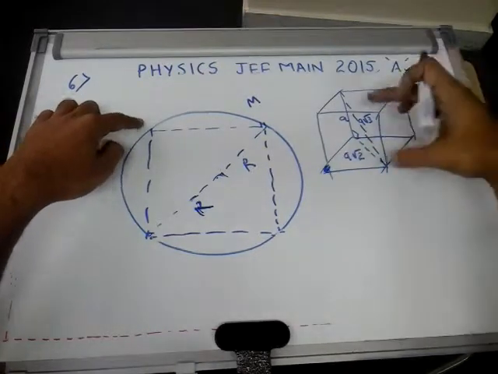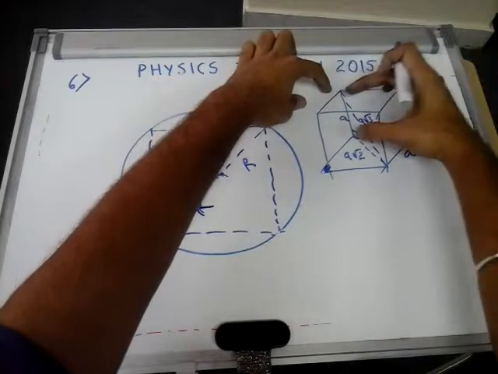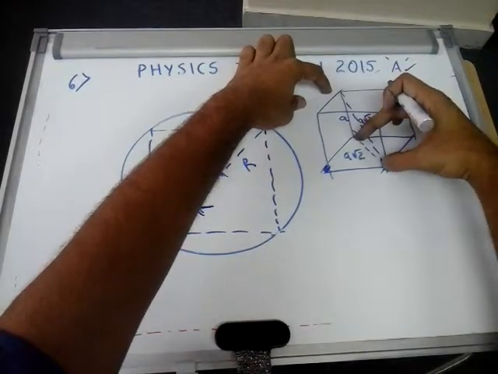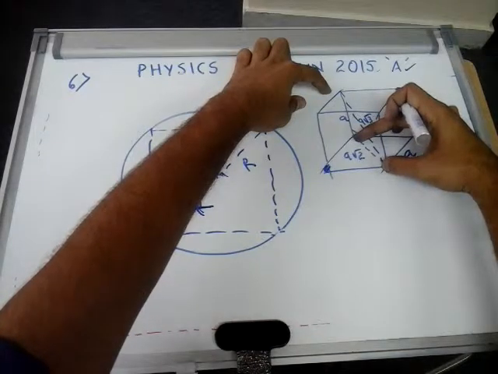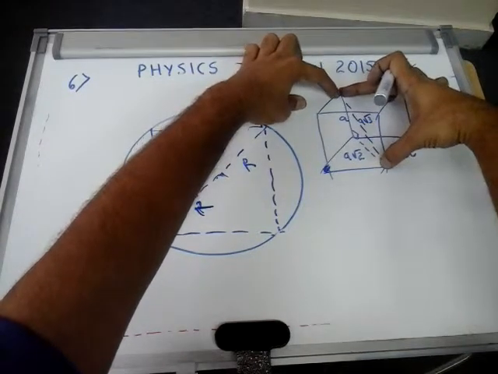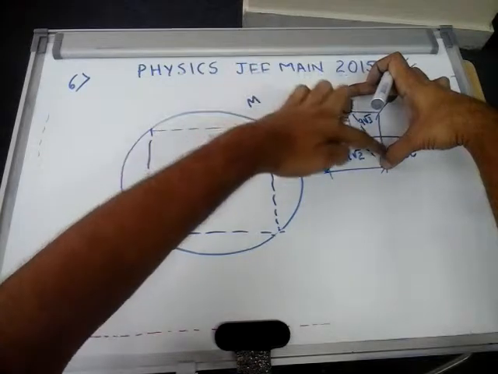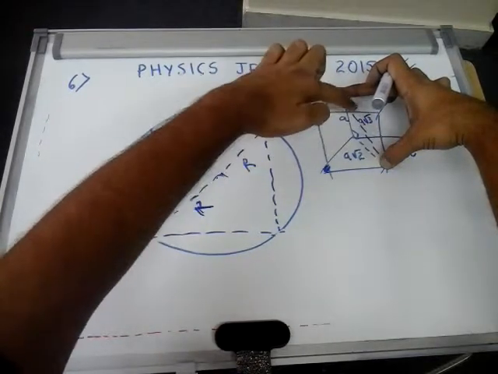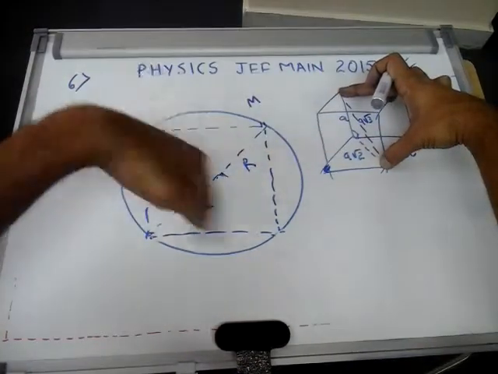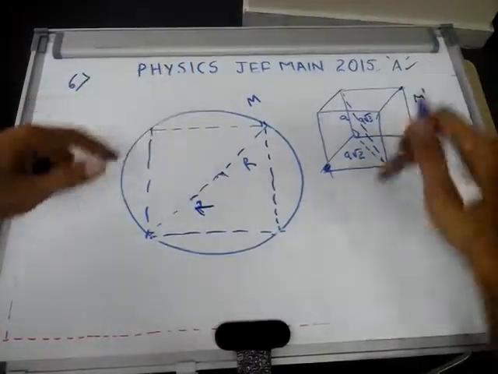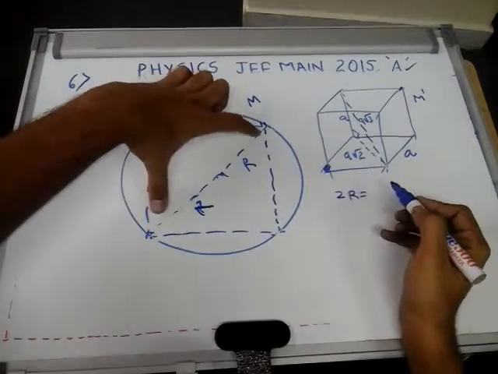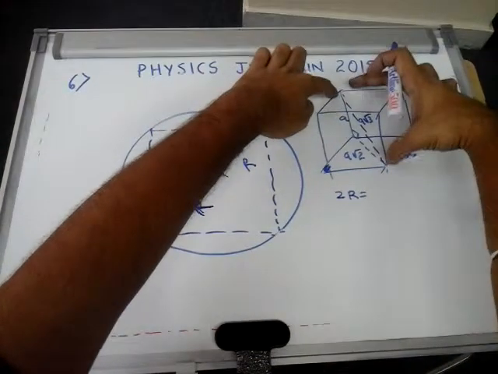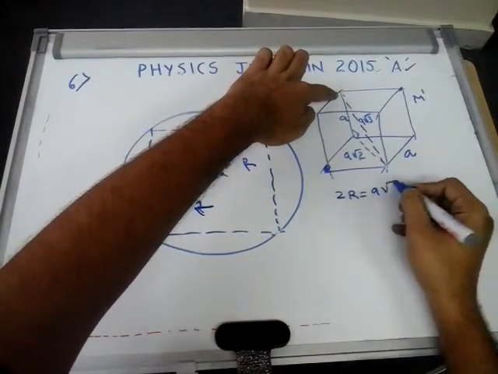See, I have mentioned in this figure, this length is a root 2, the diagonal of the square, and this length is the diagonal of the cube. That is equal to 2 times the radius of the sphere, the diameter. So I can relate 2r, the diameter of the sphere, to the diagonal of the cube, which is a root 3.